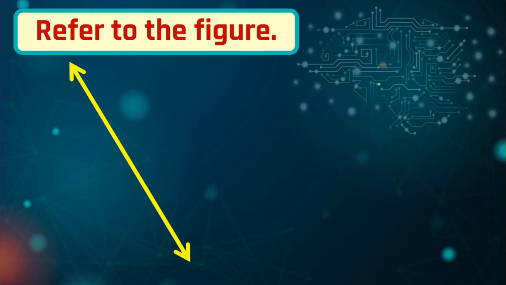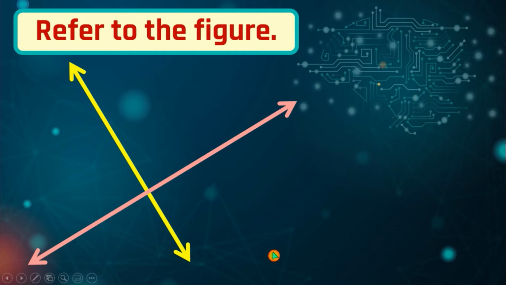Refer to the figure below. I have here a yellow line and a pink line and a ray. And this part is a right angle. So, meaning kung right angle to, ibig sabihin, right angle din to, right angle din to, right angle din to. Okay? Now, I have there a point A on that yellow line.